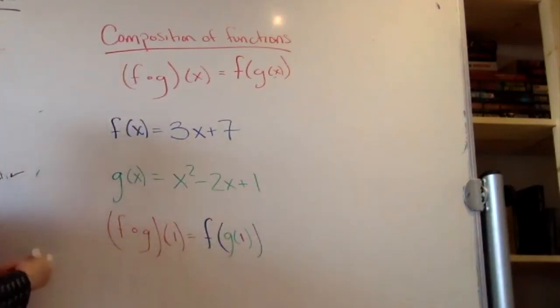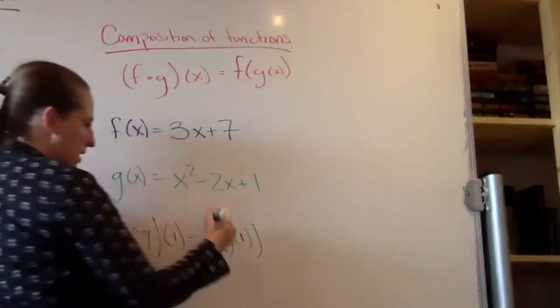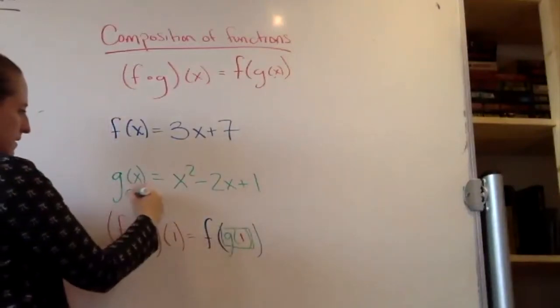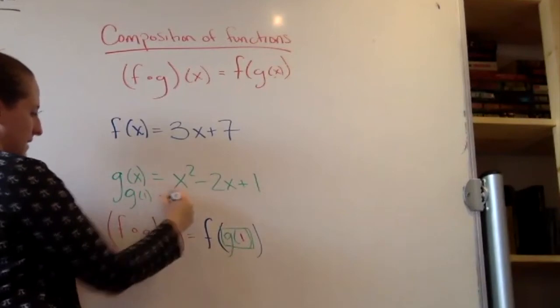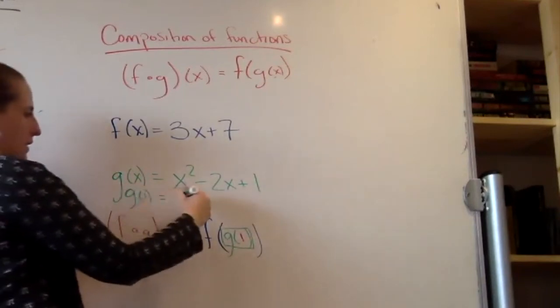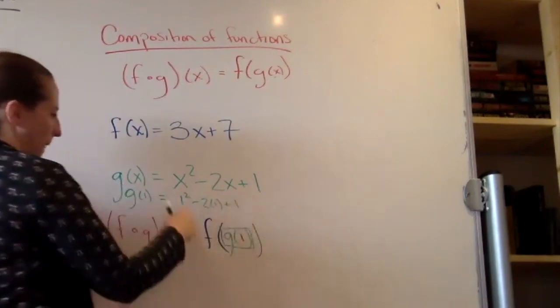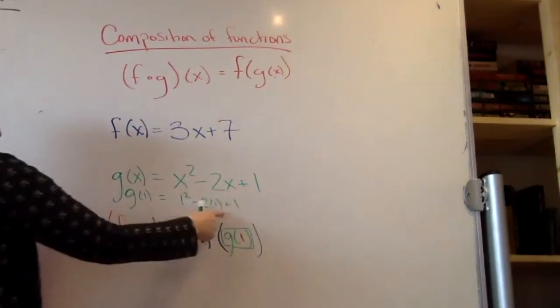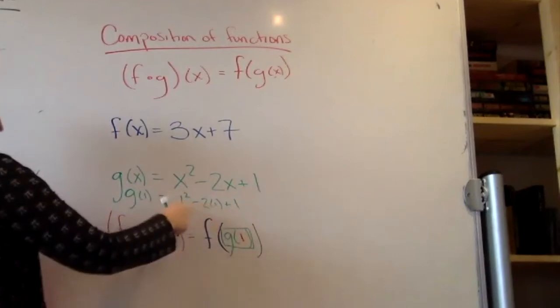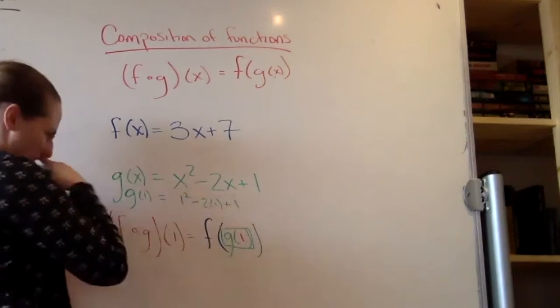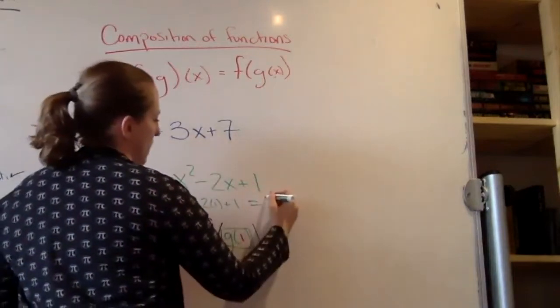But do we know how to calculate g of 1? What does this mean in terms of function notation? This means I'm going to replace my x everywhere with 1. So g of 1 is 1 squared minus 2 times 1 plus 1. 1 squared is 1. 2 times 1 is 2. So 1 minus 2 is negative 1. Negative 1 plus 1 is 0. So g of 1 is 0.